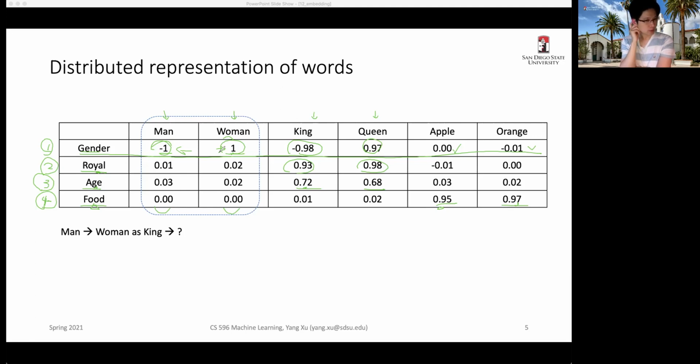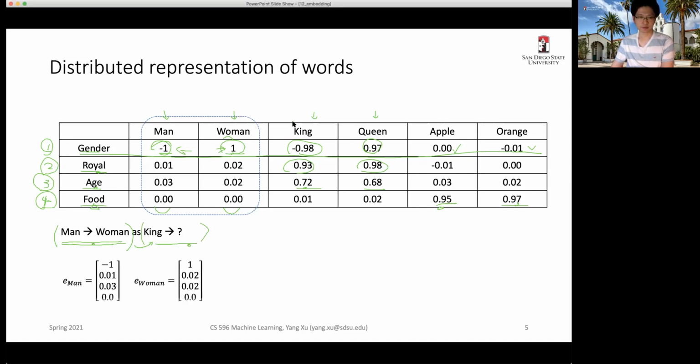So think about the question of the pair of words man to woman, right? If we want to use this pair of words and make an analogy to the next word king, then man is to woman as king is to which word, right?